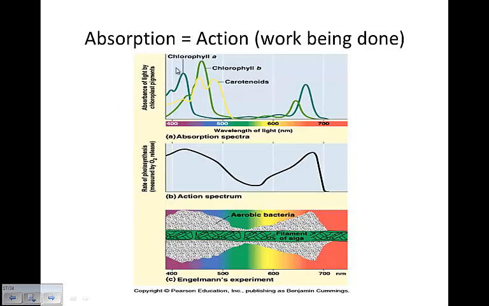So here's an absorption spectrum. And again, this is where absorption is where the work is being done. You can see we have chlorophyll A, B, something called carotenoids, and all of these are present. We see green, but all these other colors are present, which is why in the fall we start seeing other colors, because as the temperature changes and the amount of light changes, it's signaling the deciduous plants that are going to lose their leaves to decrease the amount of chlorophyll production.